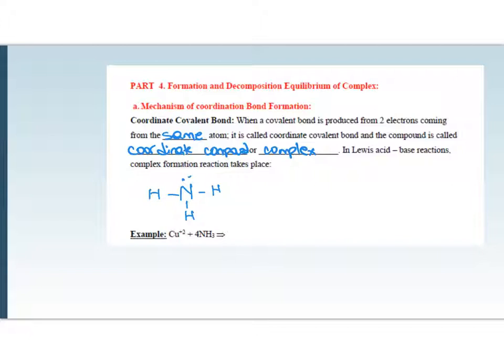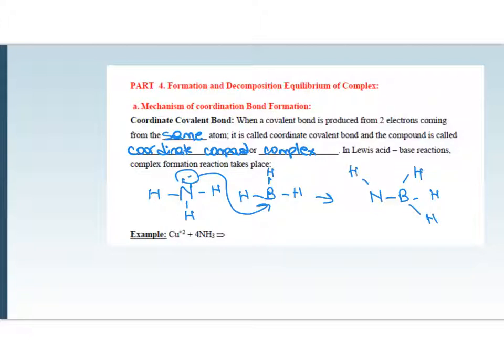This is the dot structure of ammonia, and you have boron trihydride. Now, as you see, boron is a semi-metal, and it cannot complete its number of valence electrons to 8.